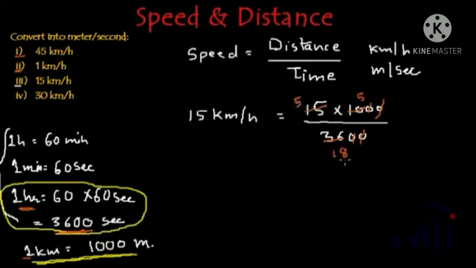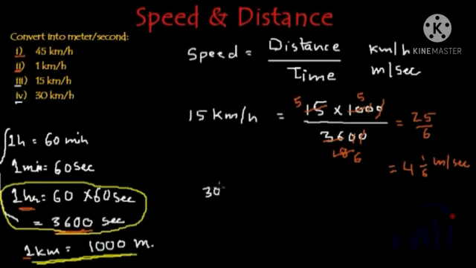Again 3 table, 3 5s are 15 and 3 6s are 18, which is equal to 5 multiplied by 5, 25 by 6. If you convert it into mixed fraction, 4 1 by 6 meters per second. Therefore, 15 kilometers per hour is equal to 4 1 by 6 meters per second.